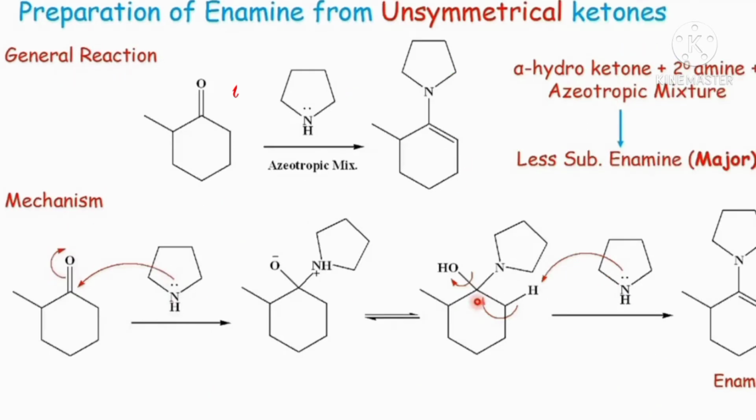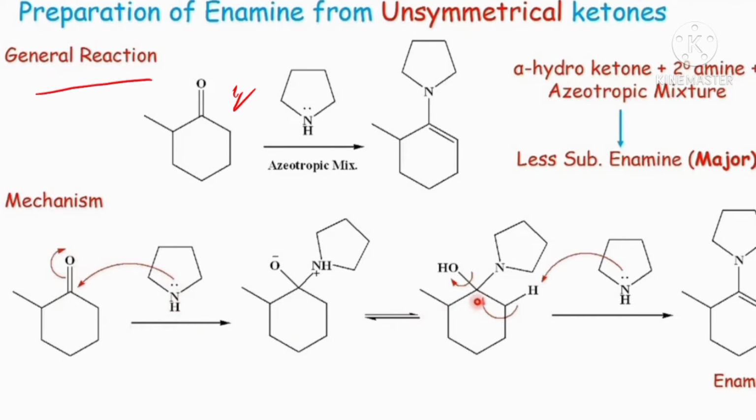Okay, the next is the preparation of enamine by using unsymmetrical ketones. Here is the structure of the unsymmetrical ketone. This is the general reaction for the preparation of enamine from unsymmetrical ketones.